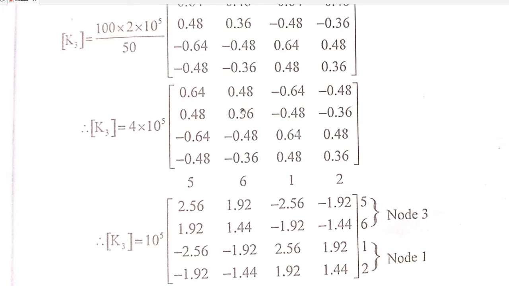The rest you just write as it is because it is a symmetric matrix. Understood? Therefore, finally K3 becomes 10 power 5 into 2.56, 1.92 like this. Check the values.